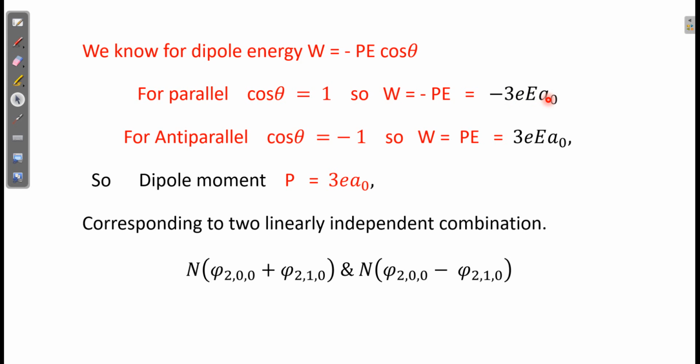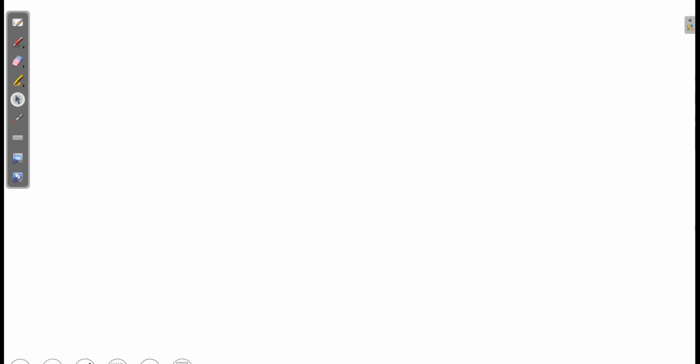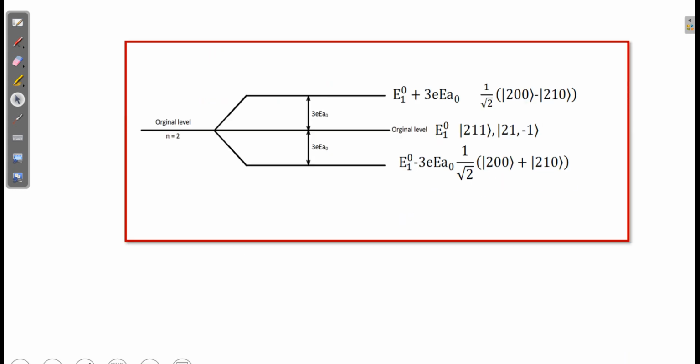In this way, our energy diagram becomes this. This is the original level without application of the electric field, and these are the three levels due to application of the electric field. Two wave functions are on the original line, मतलब they are unaffected by the application of the electric field: 211 and 21 minus 1.